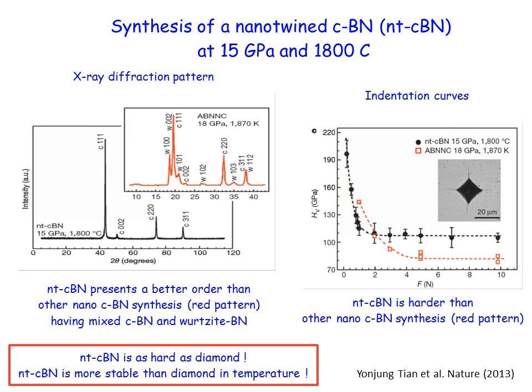So this material is harder, or at least as hard as diamond, and the interest is that cubic boron nitride is much more stable than diamond at higher temperatures. So this means that for tooling applications, this is a very interesting material.